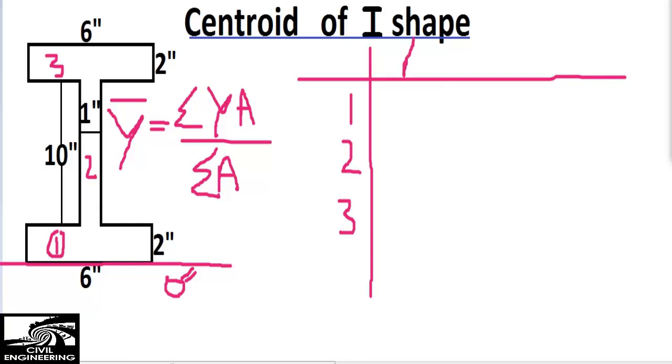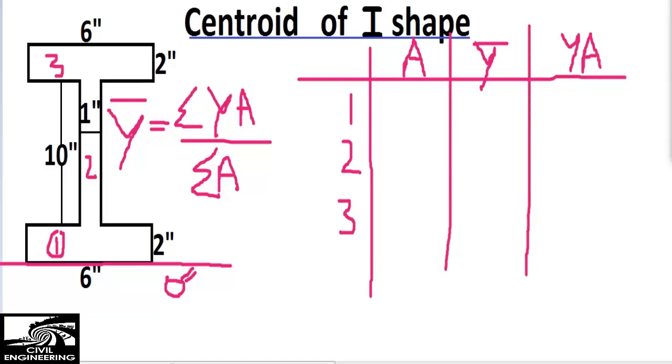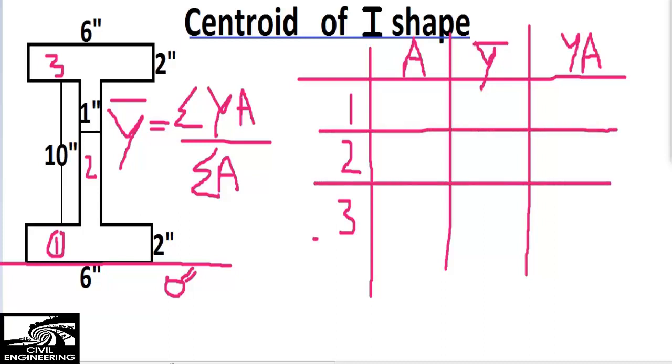And here I will write the area of each rectangle, the centroid of each individual rectangle, and the product of the centroid and the area, right? So this is the whole table in which we will find each value, and at the end we'll find the centroid of this whole I shape.